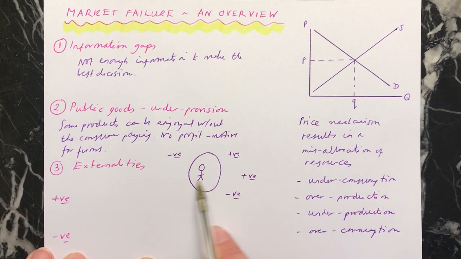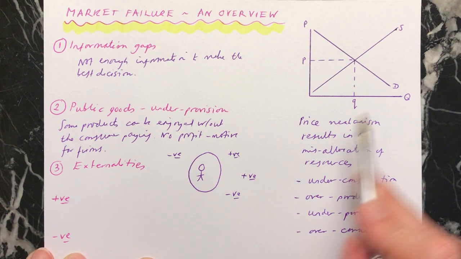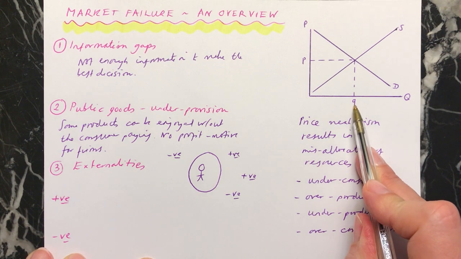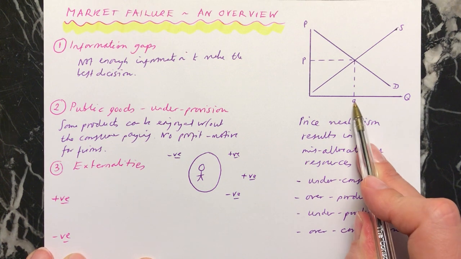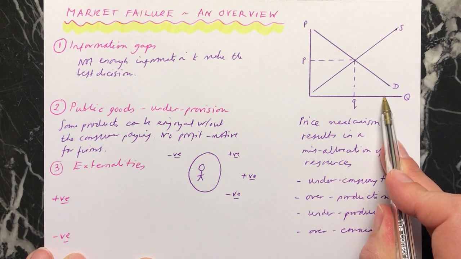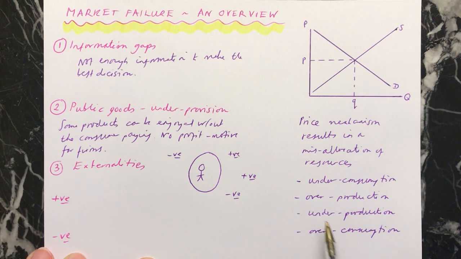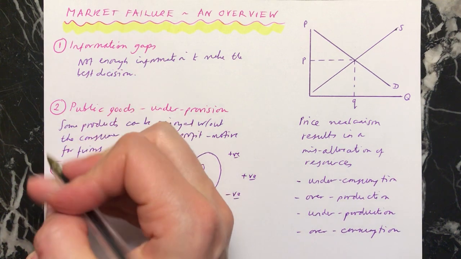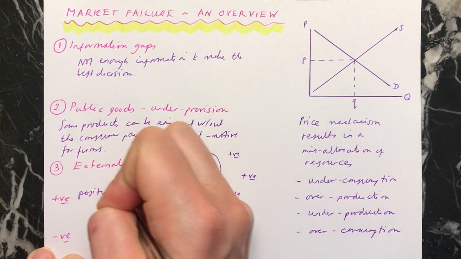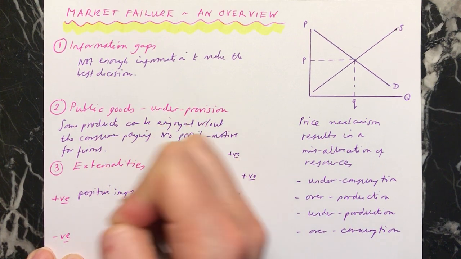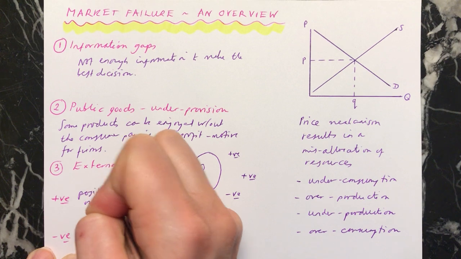Or if somebody's doing something and it has lots of positive externalities, but this quantity is being demanded by the consumer, if this is generating a lot of positive externalities, really we'd like there to be more consumption of this product. So at the moment there's underconsumption or underproduction of that product. So positive externalities are where we have a positive impact on third parties.